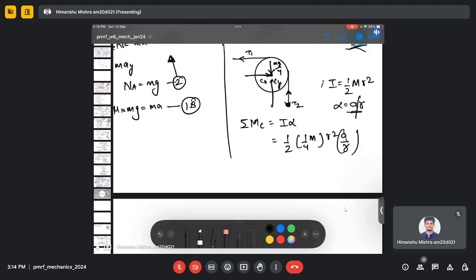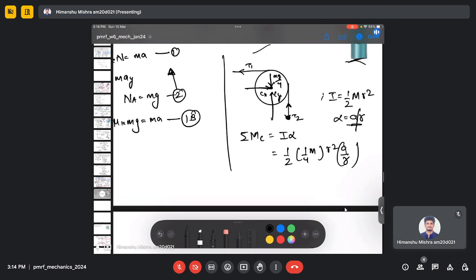And the summation of moments. So the moment will be coming due to the force T1 and T2 here.